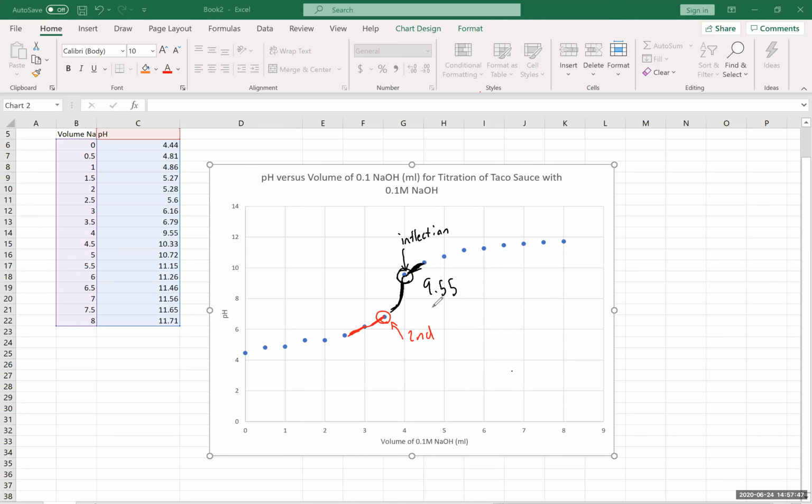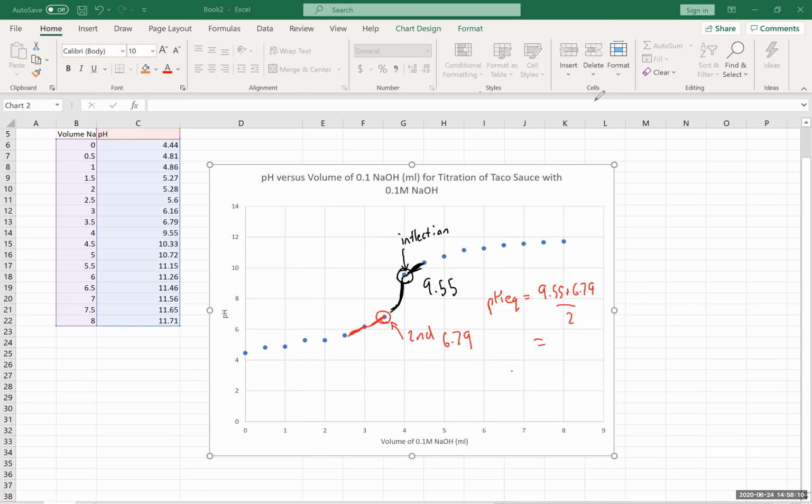It's a little tricky to tell for this one. So it has a pH of about 6.79. So our pH at the equivalence point, averaging them together, would be 9.55 plus 6.79 over 2.